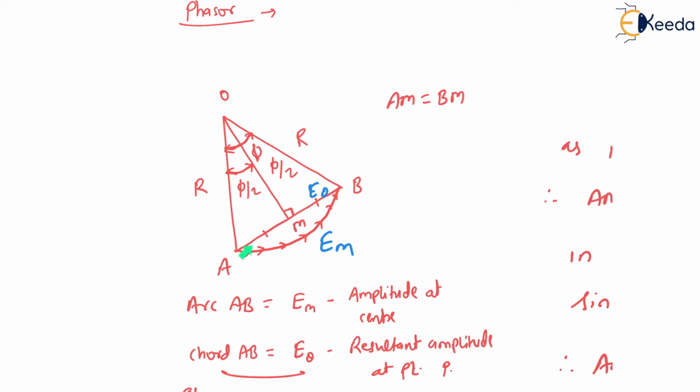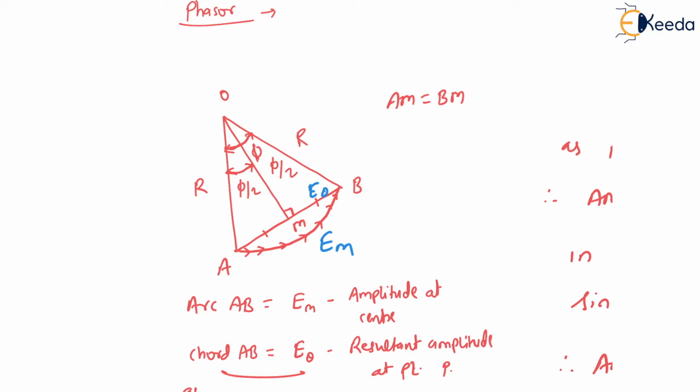Always remember, this arc will represent the amplitude of the central band or central maxima, and this chord AB will represent the resultant amplitude at that point P. If you draw one perpendicular from point O, this perpendicular will bisect this chord. It will also bisect this angle. So if the total angle is phi, then each part will be phi by 2.